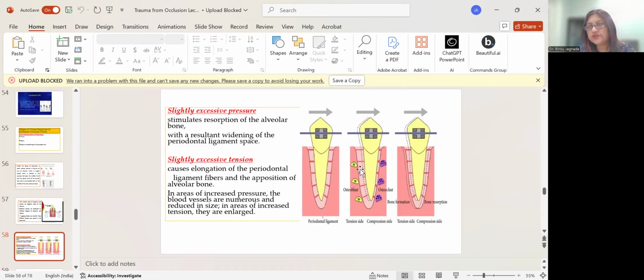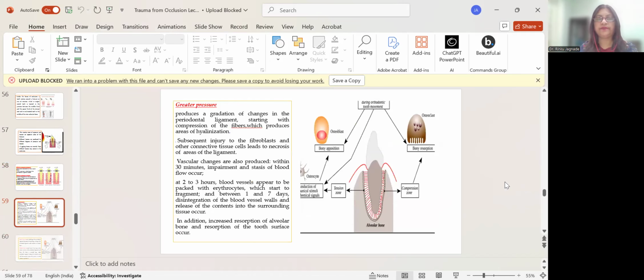With apposition of the alveolar bone, the periodontal ligament space will be maintained in both directions. In the areas of pressure, the blood vessels are numerous and reduced in size, and in areas of tension they are enlarged. So this is situation number one, with slightly excessive pressure and slightly excessive tension.